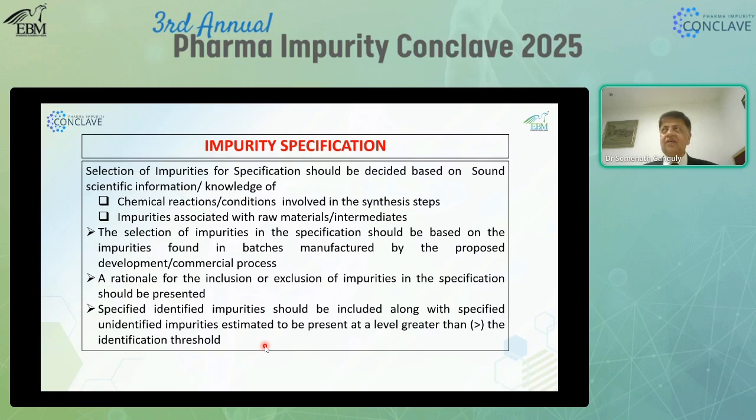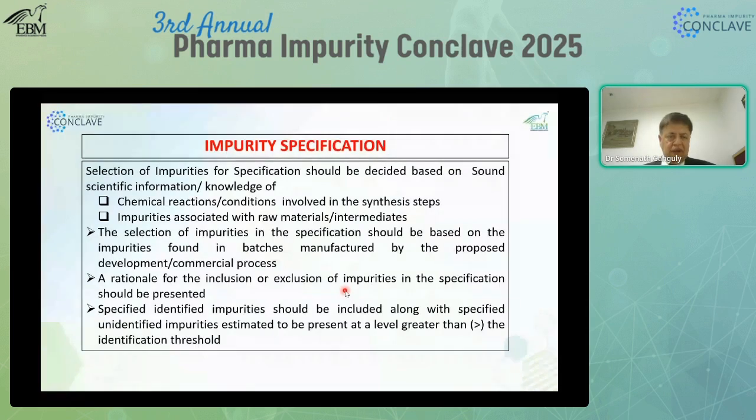This understanding of the process chemistry, organic chemistry, is very, very important to define the selection of the impurity. How it will be part of specification depends on the batches manufactured and the proposed manufacturing process. And the rationale for the inclusion or exclusion in specification will be presented, because whenever you have to file anything, you have to present the rationale. Why are you keeping it in specification? Why don't you keep it in specification?